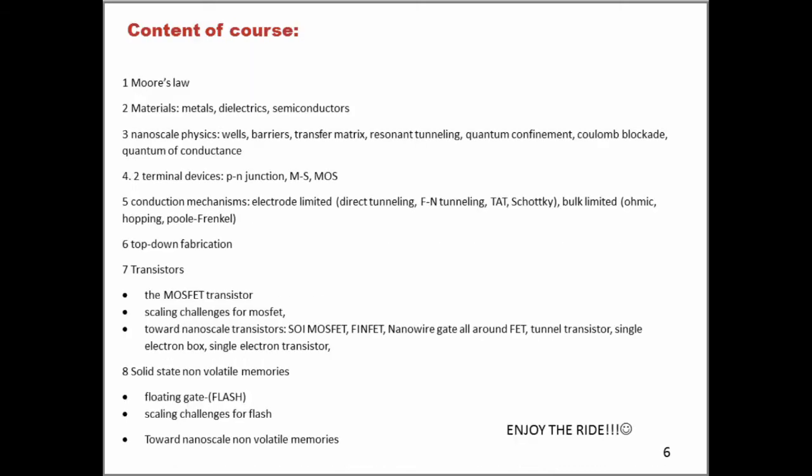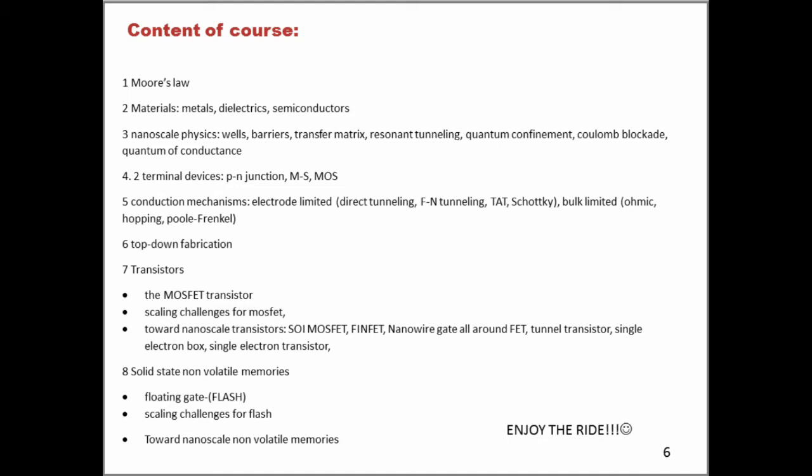Okay, this is the content of the course. The course is actually divided in 8 big chapters, if you like. At the beginning, we will talk about Moore's law, what it is, what it means, what is happening, and so on and so forth. Chapter 2 is in a way a sort of recap for you of concepts that maybe you've come across during the last few years.